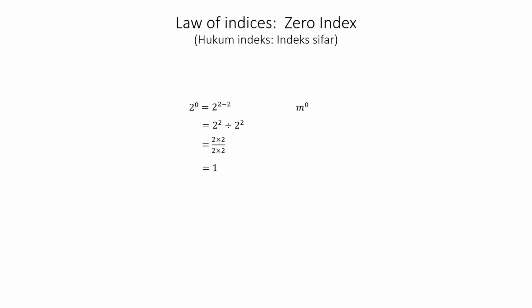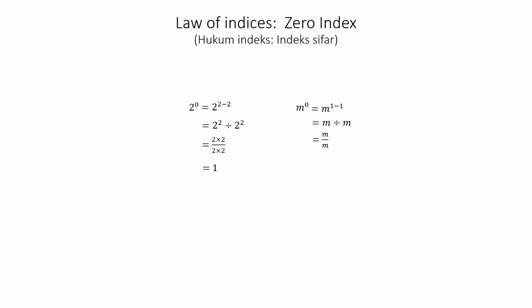Let me give you another example. M to the power of 0, you can write it as 1 minus 1, which is 0. For the same base, division of the same base of an index number, so M to the power of 1 divided by M to the power of 1.